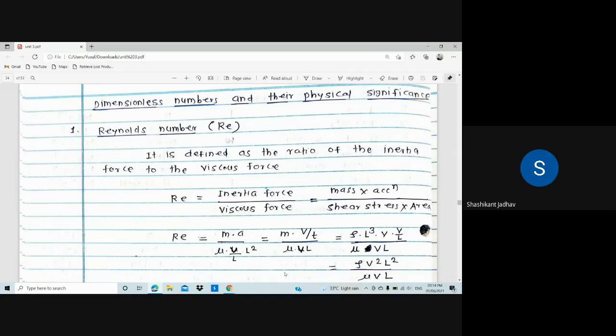What will be the volume of the plate? L cube. Okay, so write down, instead of mass, density into volume. So density is nothing but rho and volume is nothing but l cube. So rho into l cube.